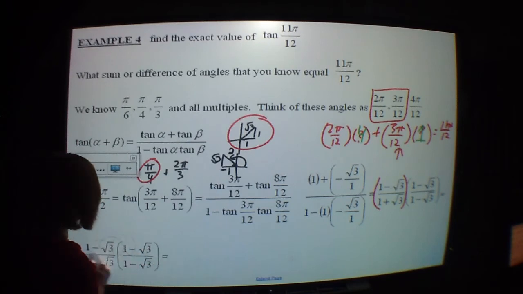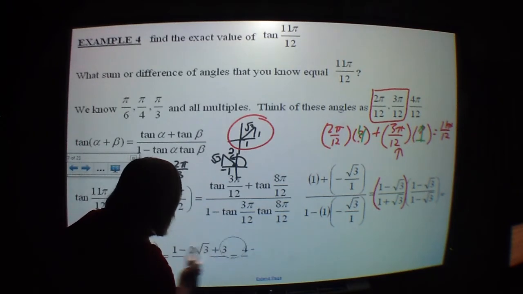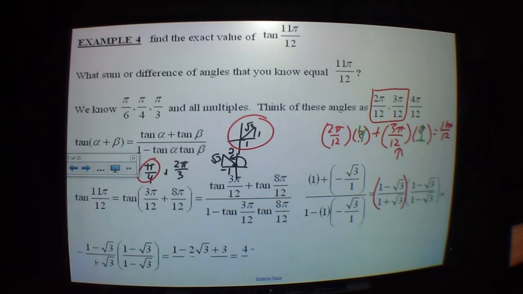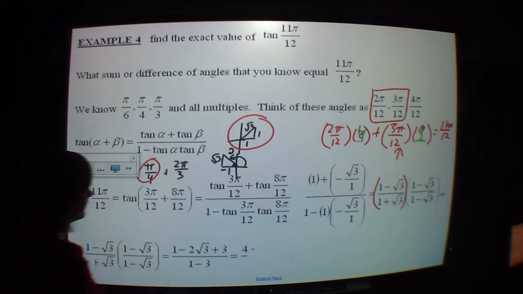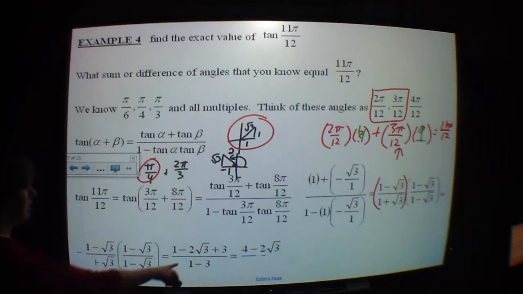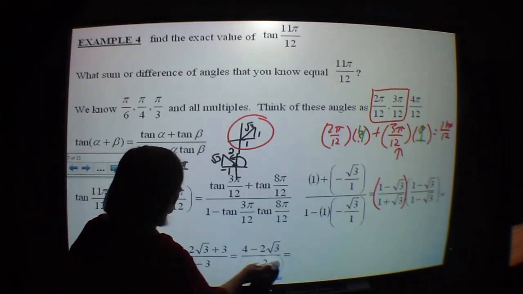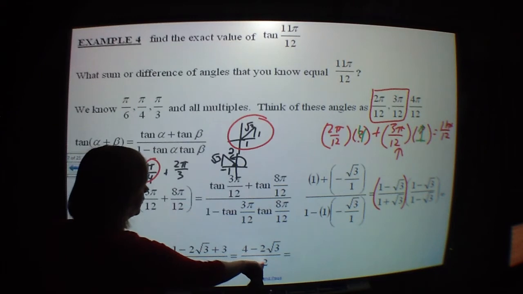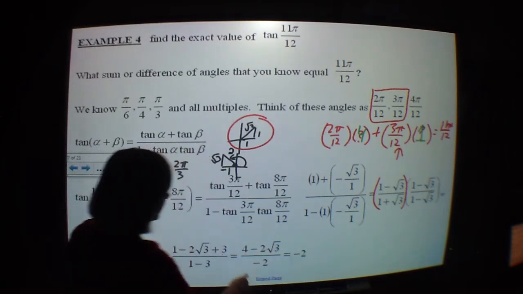I have 1 minus 2 radical 3 plus 3. On the bottom, I have 1, outer and inner cancel out, minus 3. 1 plus 3 is 4, so I have 4 minus 2 radical 3. 1 minus 3 is negative 2. 4 over negative 2 is negative 2.